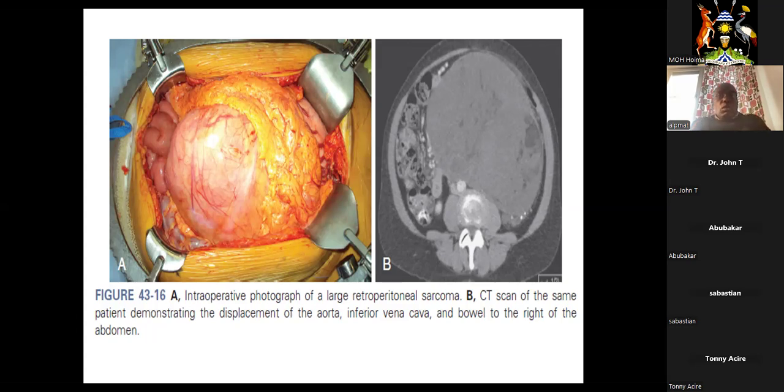So the presenter took us through the different structures which are located in the retroperitoneal zones. You also gave us the comparison of the intraperitoneal organs, because as he said, at times there's confusion.